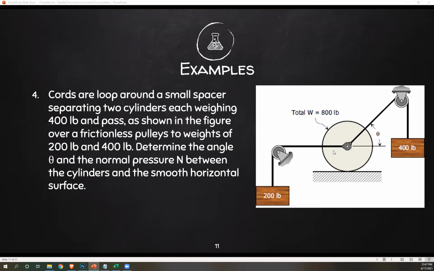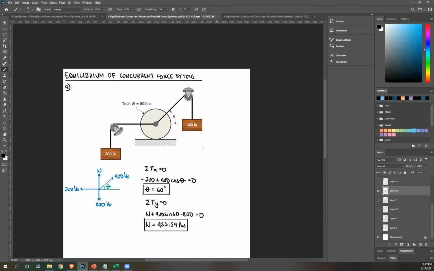If you remember what I said in one of the previous meetings, whenever you have a cord over a frictionless pulley, the force being experienced on one side of the cord, string, or rope is the same value as the other end. Okay, so that means, number 4, this is 200 pounds. Therefore, it passes through a frictionless pulley. So this is also experiencing 200 pounds.